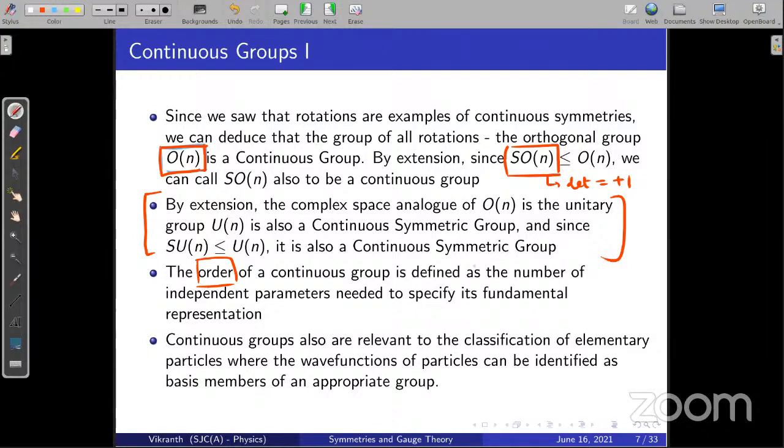It's because of these kinds of groups, and their orders, for each of these groups, O(n), SO(n), SU(n), U(n), that we can define how many fundamental particles you need to have for any field that you're considering. And we will see examples of this again in the coming slides.